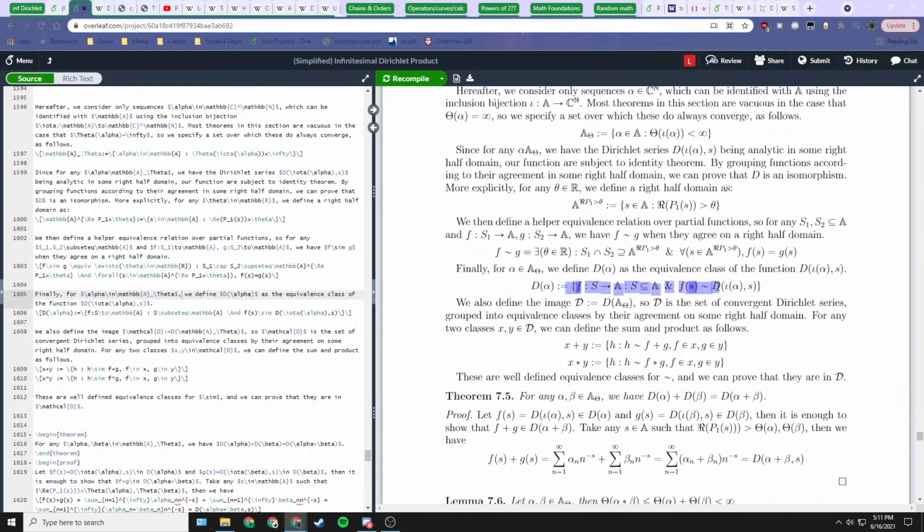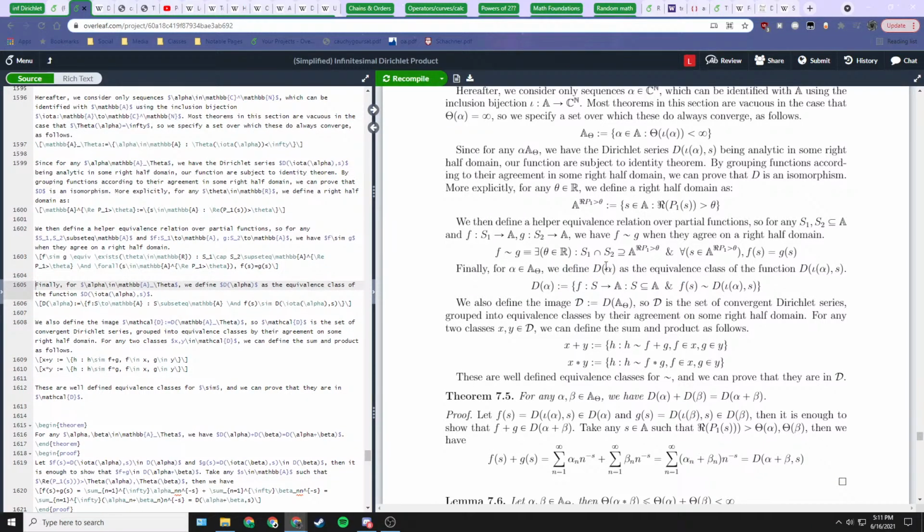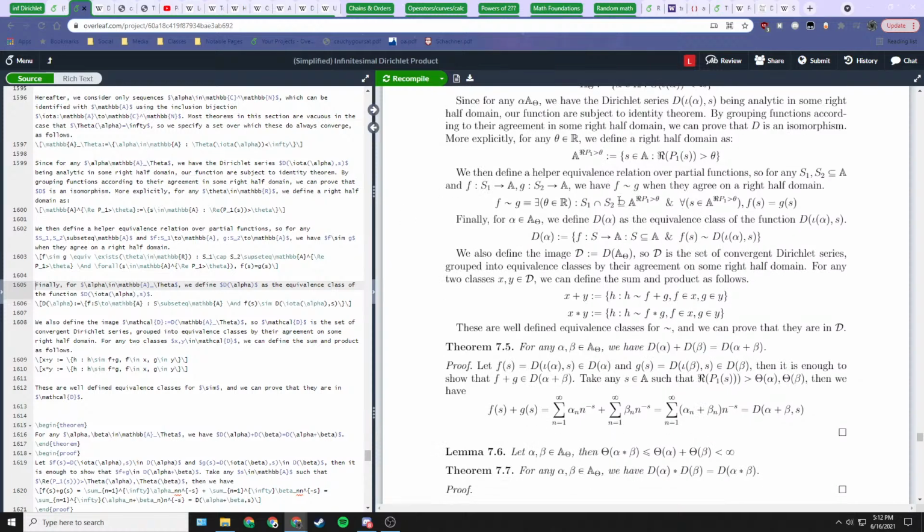So that's just this. So alpha is an object in A theta, it's a number in A theta. And d of alpha is the equivalence class of all these functions, these Dirichlet series. So d of alpha can sort of be considered a generating function, except that it produces equivalence classes of functions. That's fine. We're just going to, I guess, have this there.